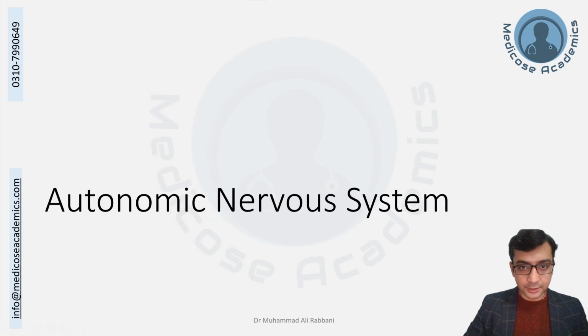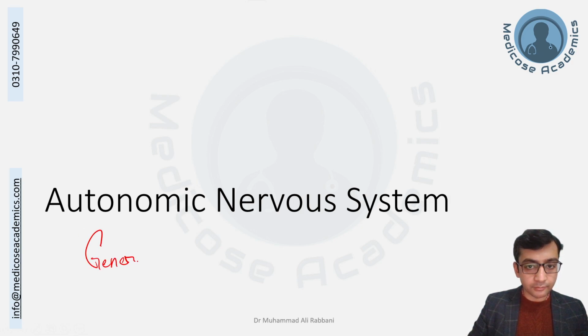Autonomic nervous system, that is the next major chunk of our lecture. Talking in the language of the division and the types of fiber, this is basically general visceral efferent, as you might guess as we write along.